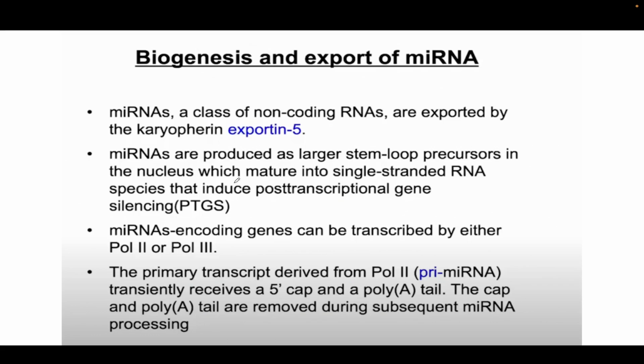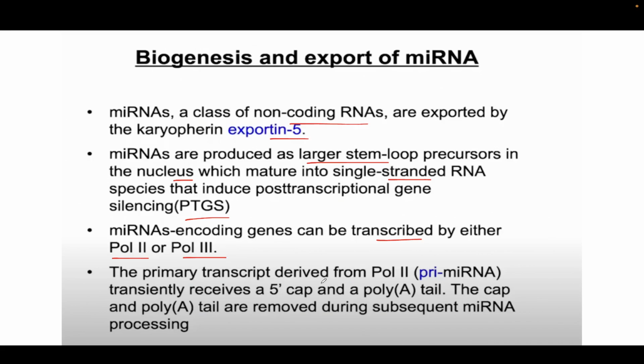Fine, then let's see. miRNAs, a class of non-coding RNAs, are exported by the karyopherin exportin-5. miRNAs, that is microRNAs, are produced as larger stem-loop precursors in the nucleus which mature into single-stranded RNA species that induce post-transcriptional gene silencing. miRNA-encoding genes can be transcribed by either polymerase II or polymerase III.